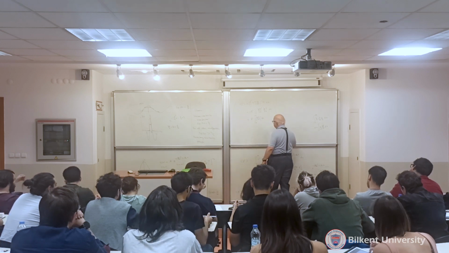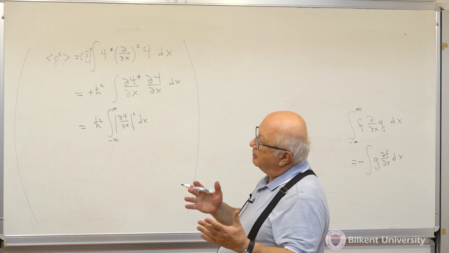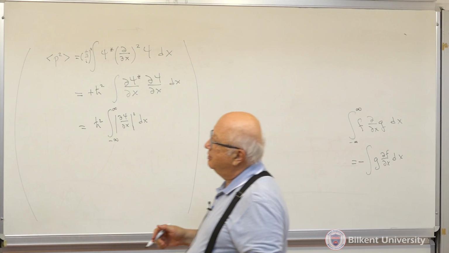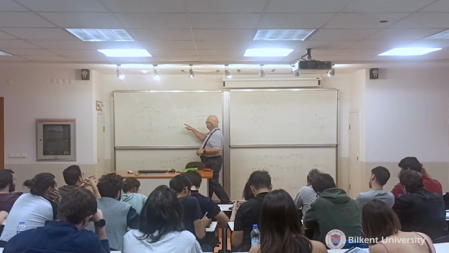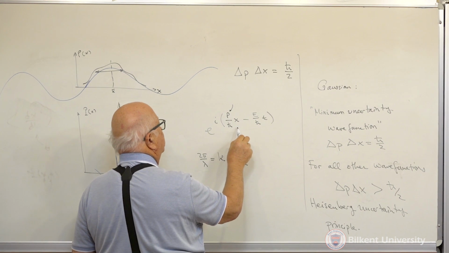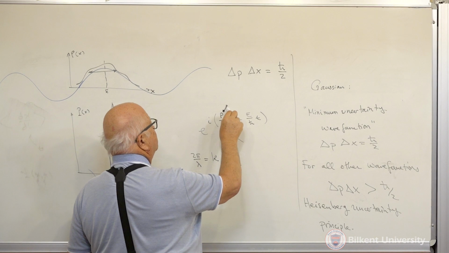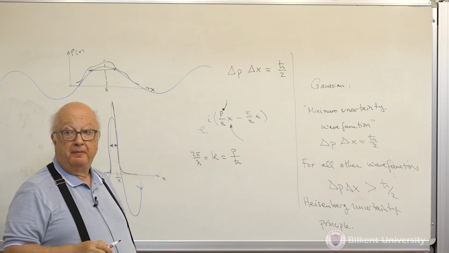There's some relationship you see between these variables, and if you look over here, the uncertainty in x is related to uncertainty in p, right?